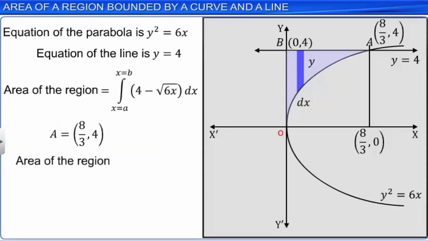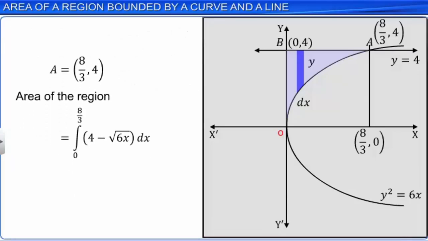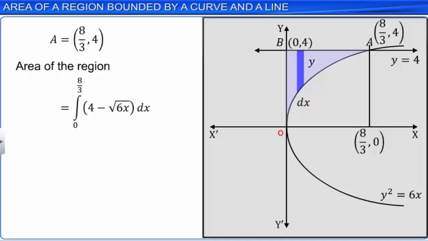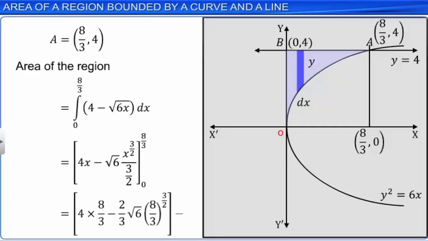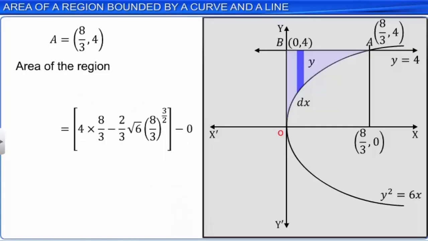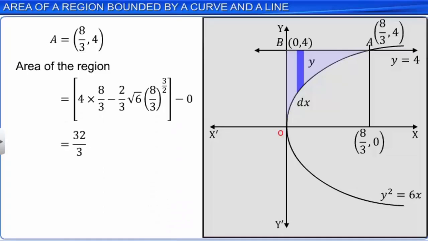Now, substituting the limits as shown, we get the area of the shaded region equal to 32/9 square units, which is the same as we got when we calculated the area of the shaded region by considering the strip parallel to the x-axis. Hence, the area of the shaded region can be found by any one of the two methods discussed as they yield the same result.